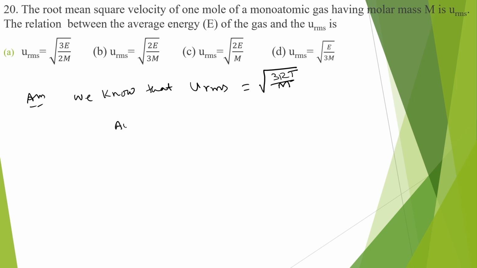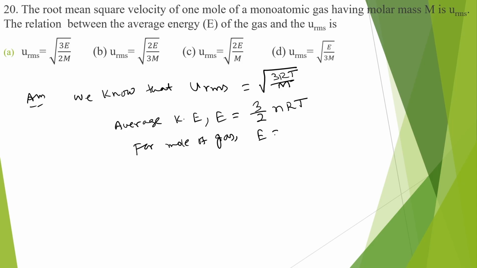So average kinetic energy, if we say this is E, is 3 by 2 nRT. For 1 mole of gas, E is 3 by 2 RT. So if we calculate T here, T is 2E by 3R.